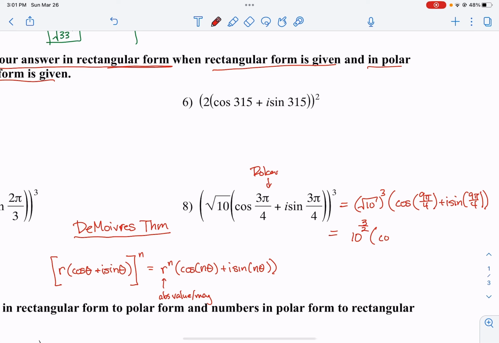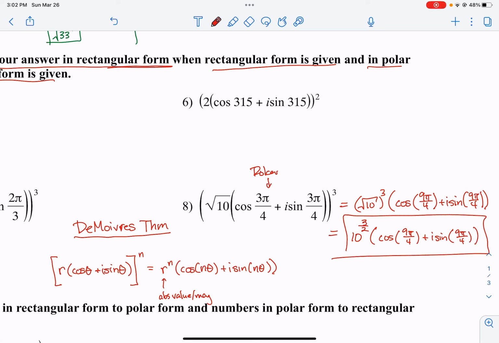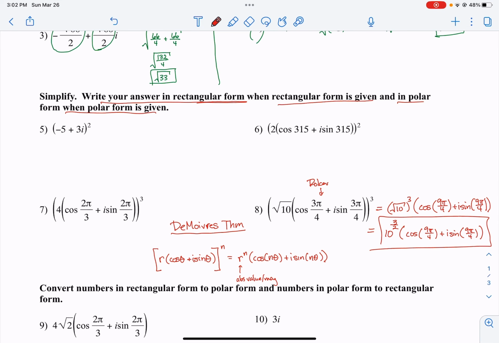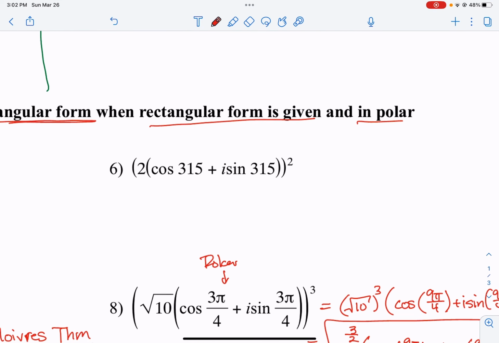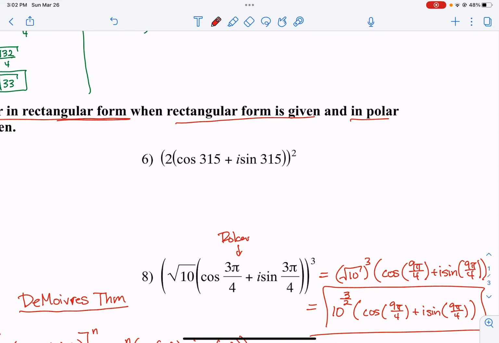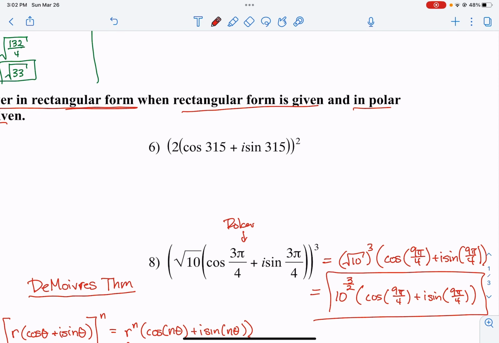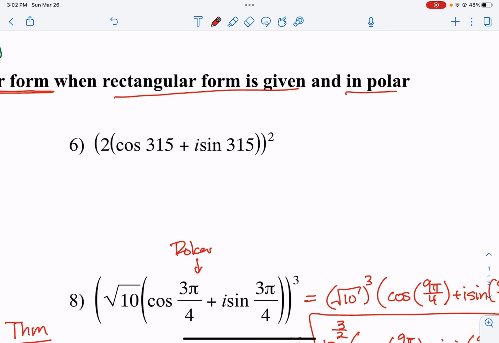And of course, we just keep these like this. We want to keep it in polar form. And there we go, that is our final answer. We wanted to keep it in polar form. All right, let's go up here.